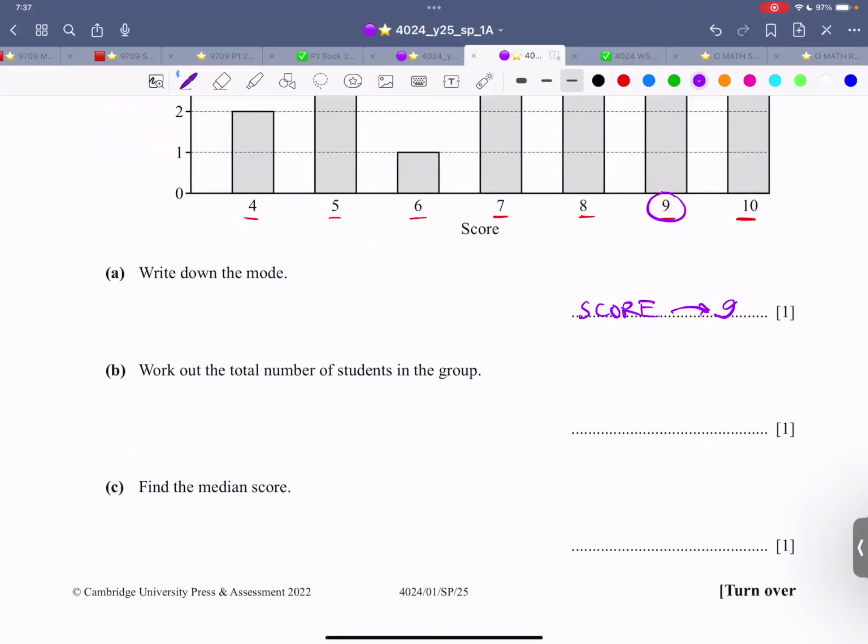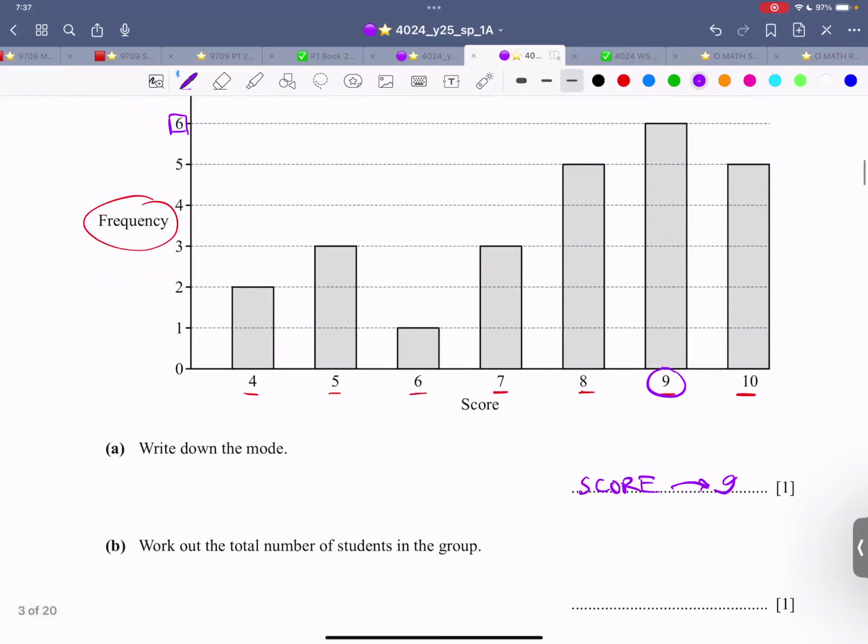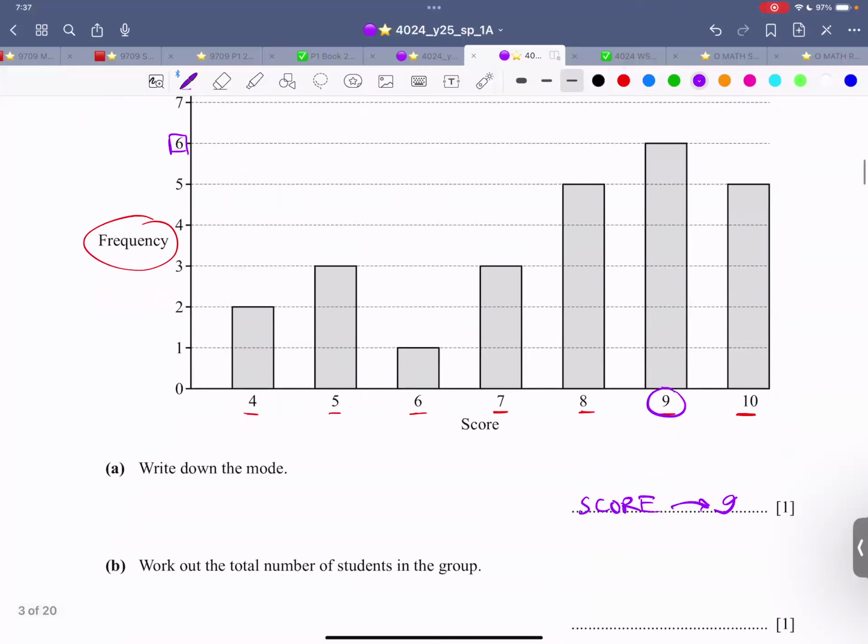Work out the total number of students in the group. So now the score 4, instead of 4, let me just write A, B, C, D, E, F, G. It could be some alphabets also. So basically, we have to look at the sum of the frequencies.